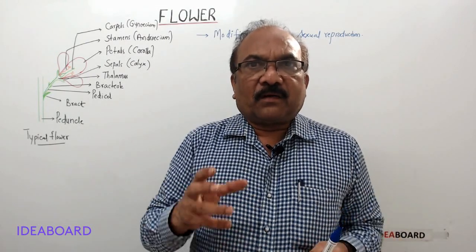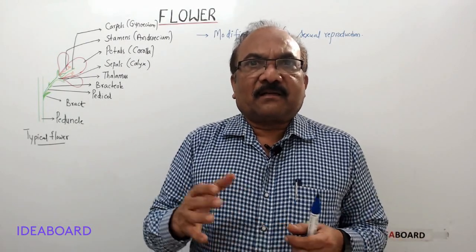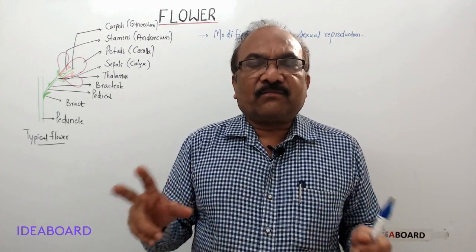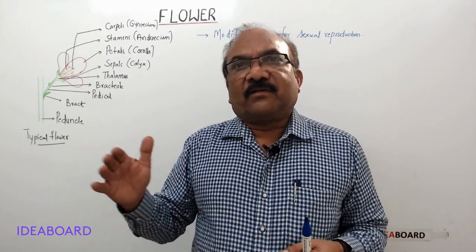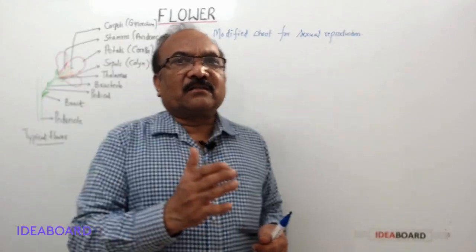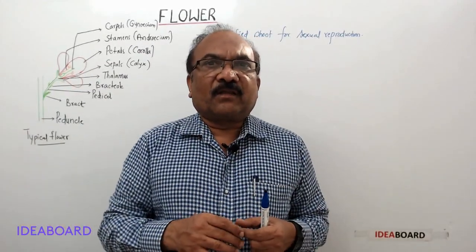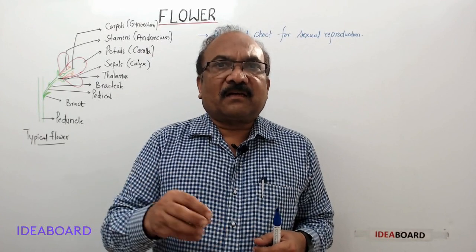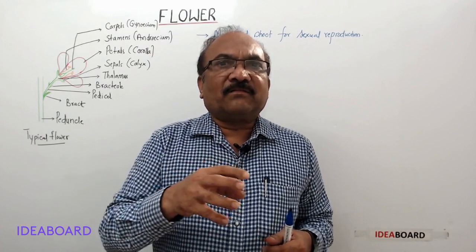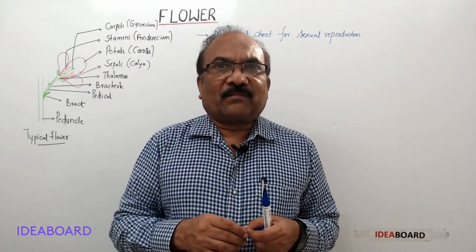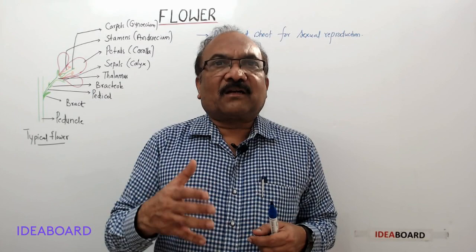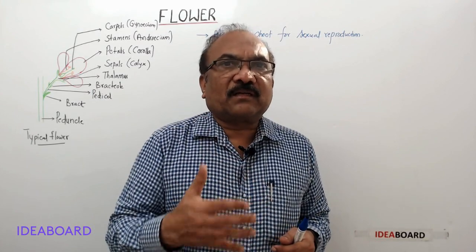In a plant's life you will find two phases: a vegetative phase and a reproductive phase. During the vegetative phase, the vegetative organs like root, stem and leaves grow, and by the time it comes to maturity, it starts producing flowers.